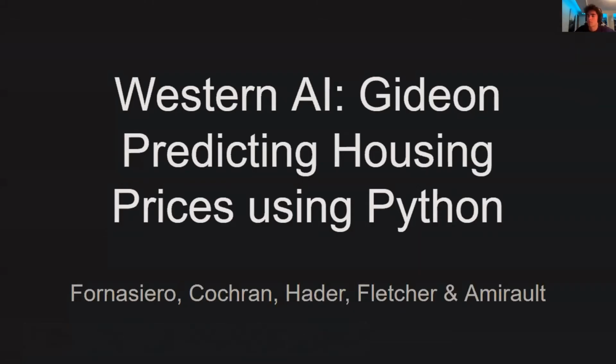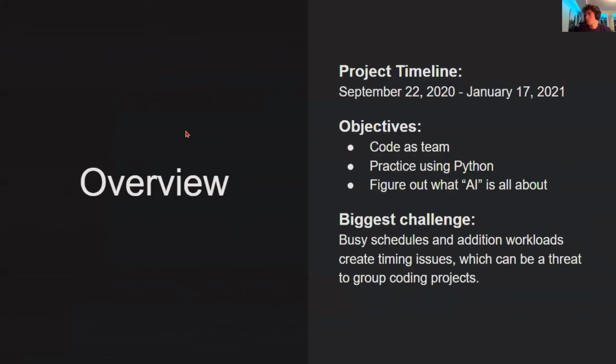All right. So yeah, we did a really beginner project with linear regression, just predicting housing prices. Just a quick overview for us in beginning this project: our timeline started in September when we all got together.